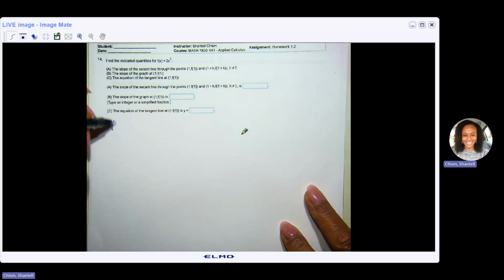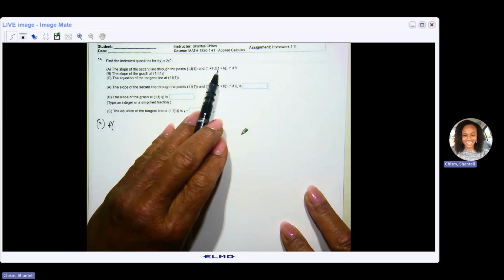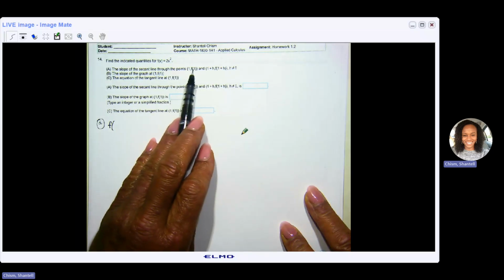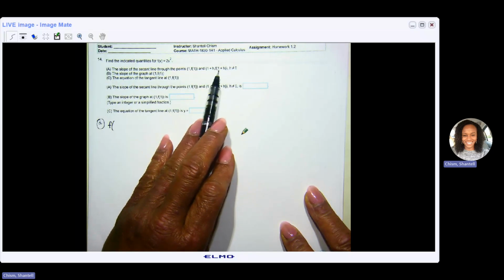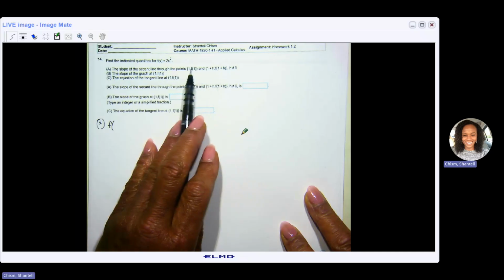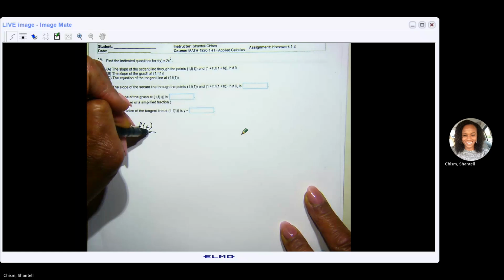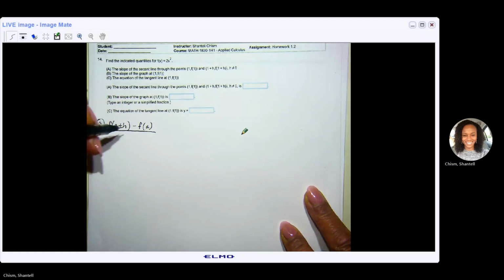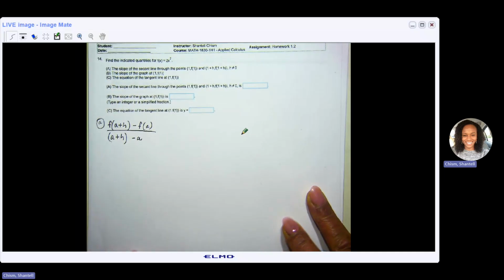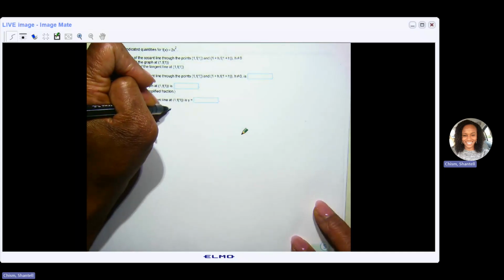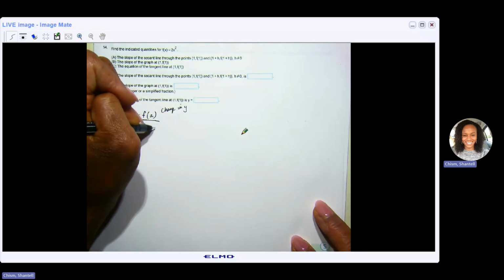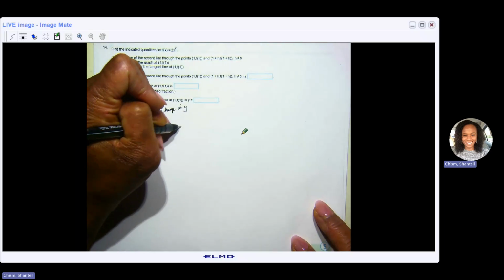So the change in the y on top over the change in the x on the bottom. I'm going to put the basic definition first, just f at a plus h, which is what you'll find in your notes, over a plus h minus a. So this again is the change in y over the change in the x.